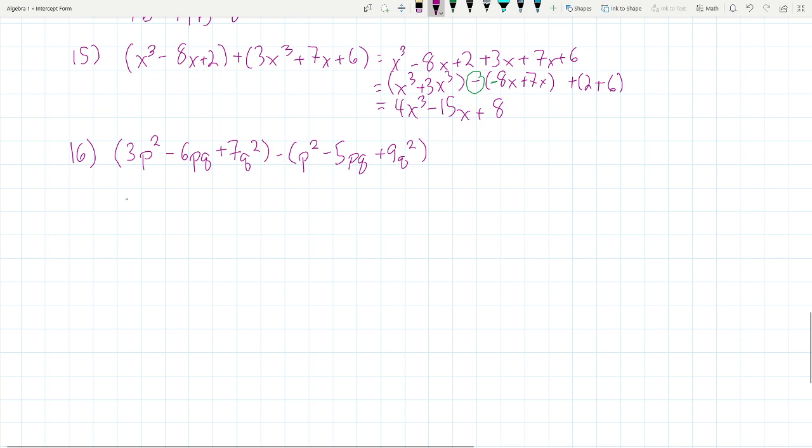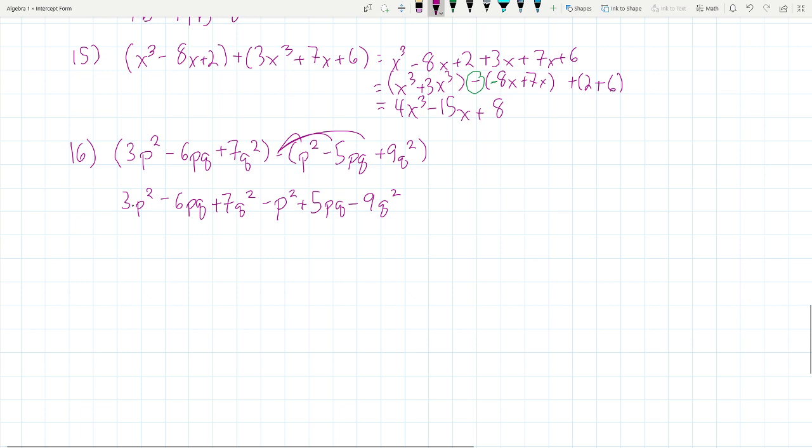So I look to the left, okay, there's nothing there, so I just drop the parentheses, so 3p squared minus 6pq plus 7q squared. With this one, this negative is going to distribute out, and so I get minus p squared plus 5pq minus 9q squared.